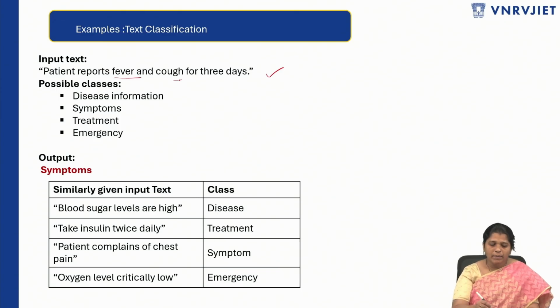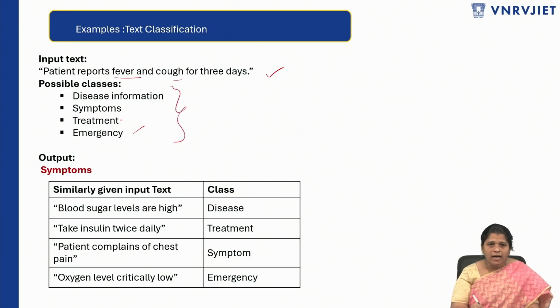For that, maybe I have to suggest some treatment. You have emergency. So you have some possible classes, which may or may not be true. For this example, a patient reports fever and cough for 3 days. Maybe it is about disease information. It is also a symptom. May not be an emergency, and also requires some treatment.